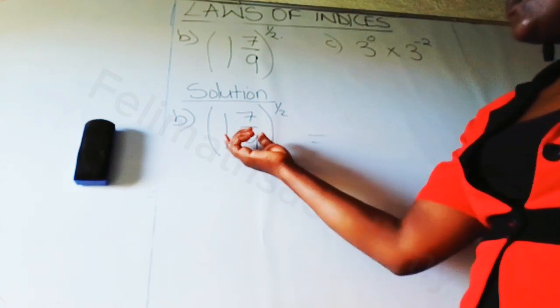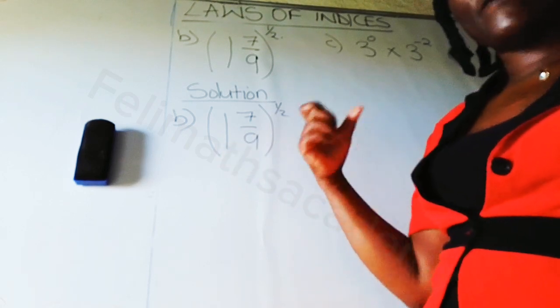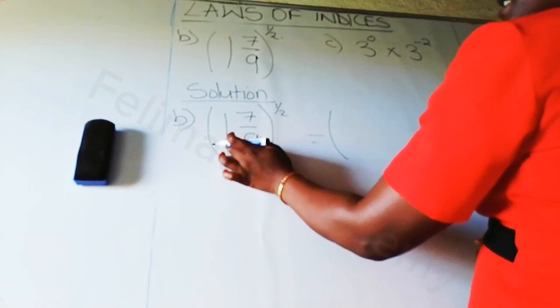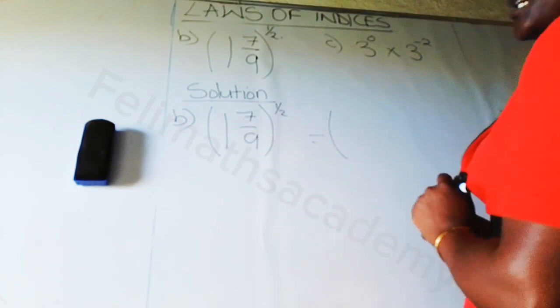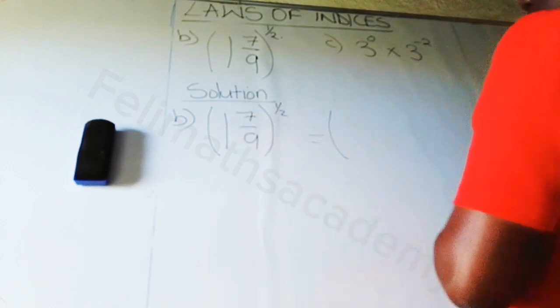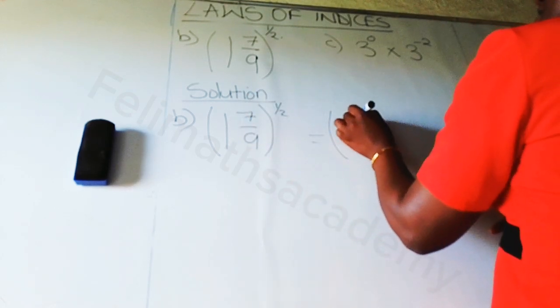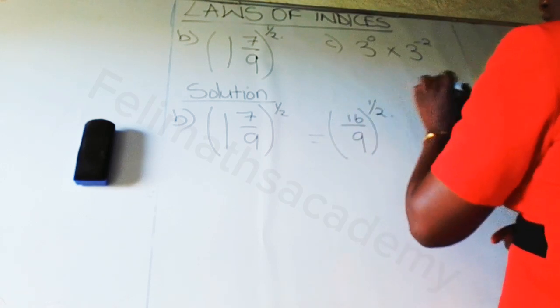First, we are going to convert this to an improper fraction. So we multiply 1 by 9, then we add that 9 to 7. So it's 9 plus 7, it becomes 16 over 9 to the power half.